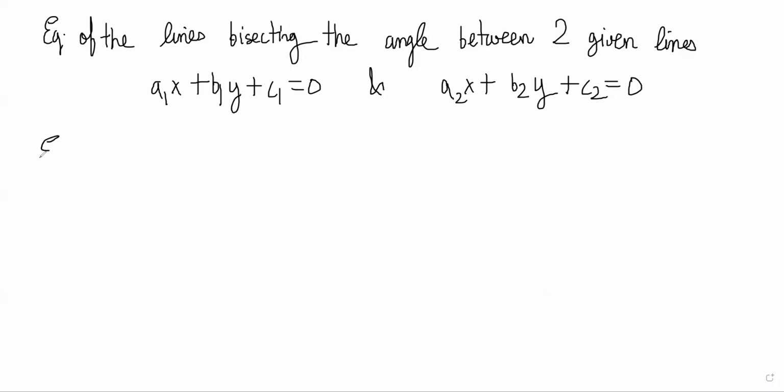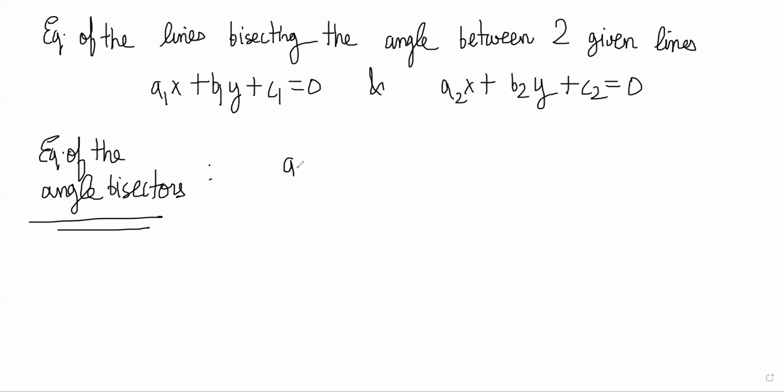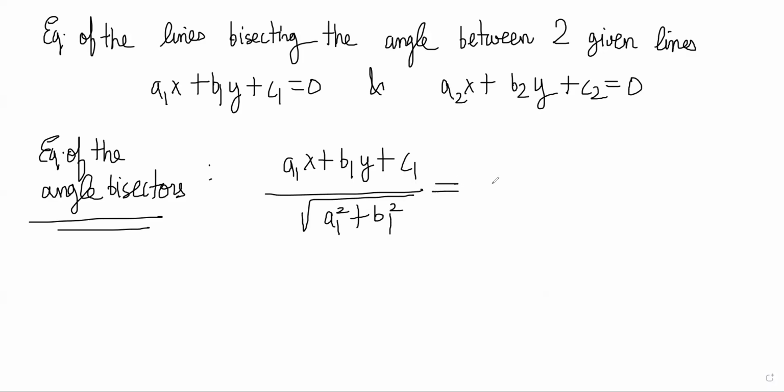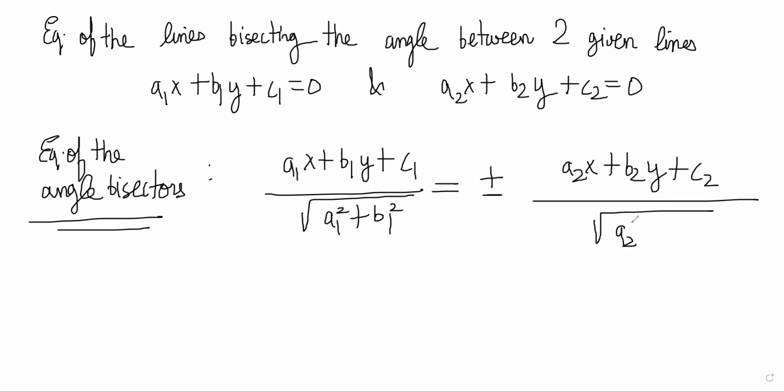The equation of the angle bisectors will be given by this result. You can write it like this: a1x plus b1y plus c1 by root over a1 square plus b1 square is equal to plus or minus a2x plus b2y plus c2 by root over a2 square plus b2 square.